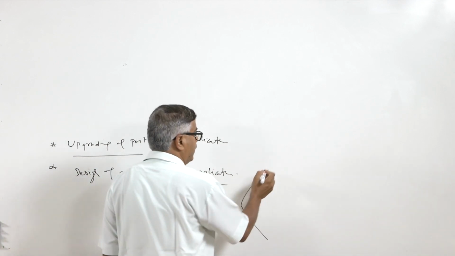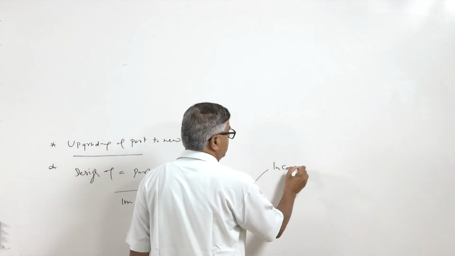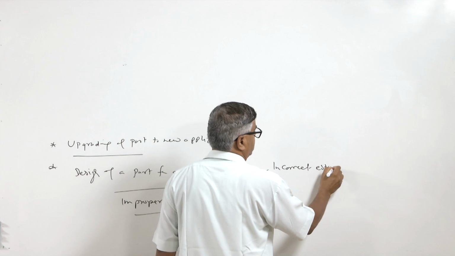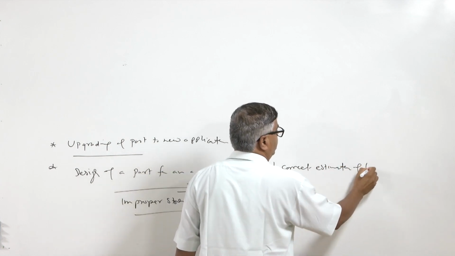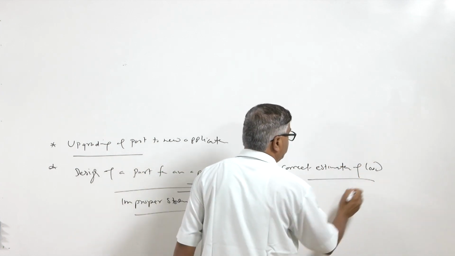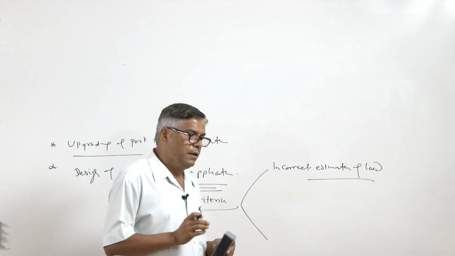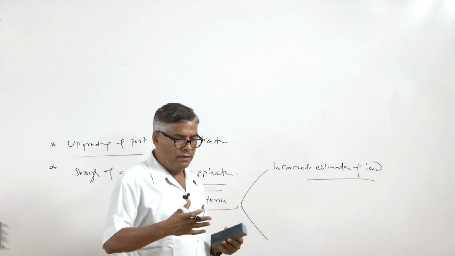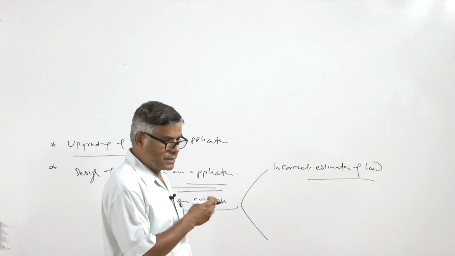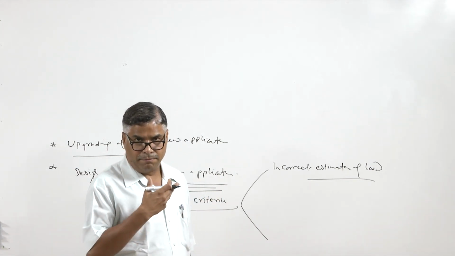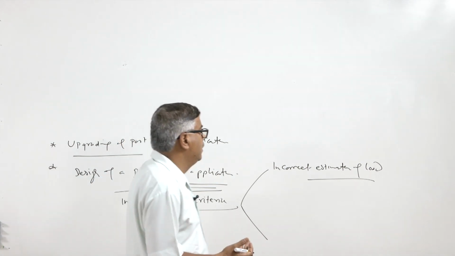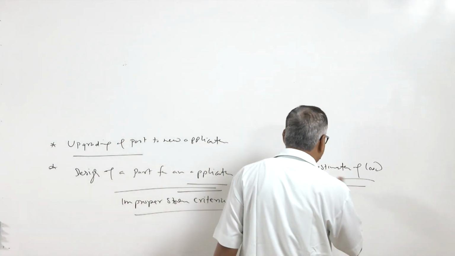One is incorrect estimation of the load. So, basically the components, parts, machines, systems we use, such as earth moving machines, excavators, or mining equipment, can be subjected to varying load conditions.